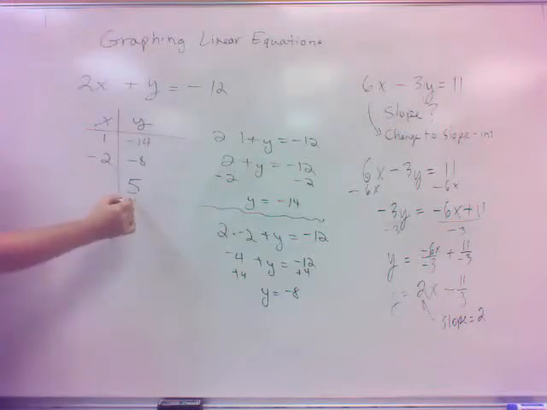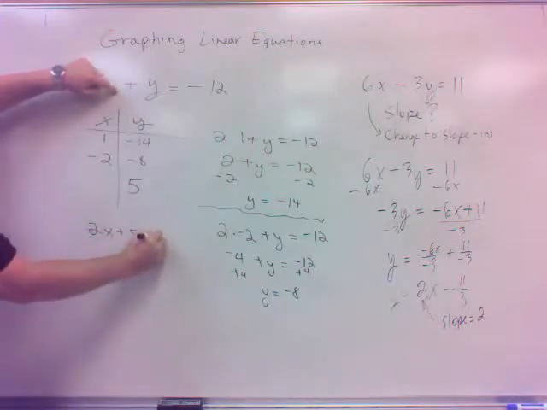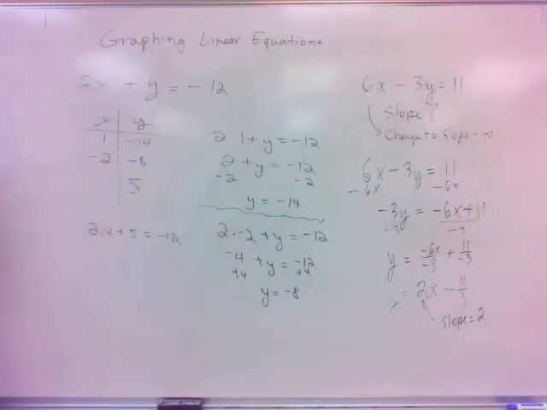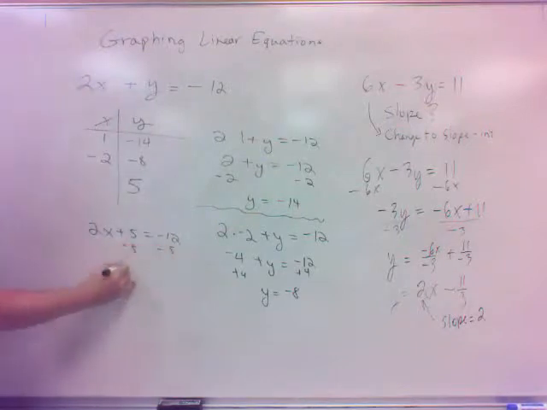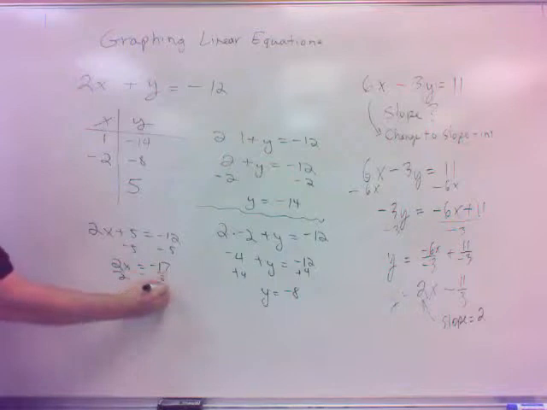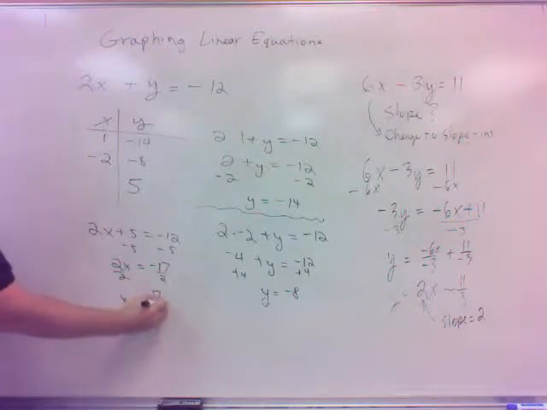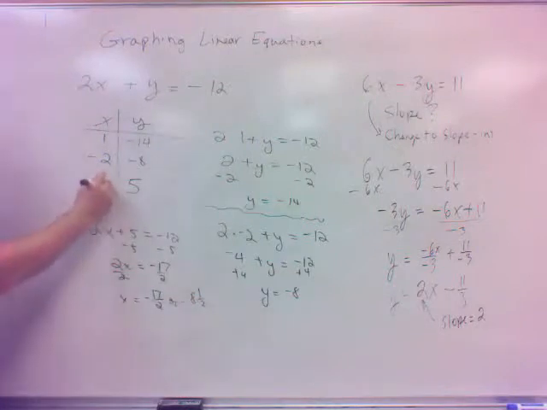And then last but not least, the y here being 5. What is that going to do? We've got 2x plus 5 equals -12. In that case, I'd plug in the y to be 5. So there I'd subtract 5 first, and then divide by 2. So x is negative 17 halves, or you could say negative 8.5 for the x.